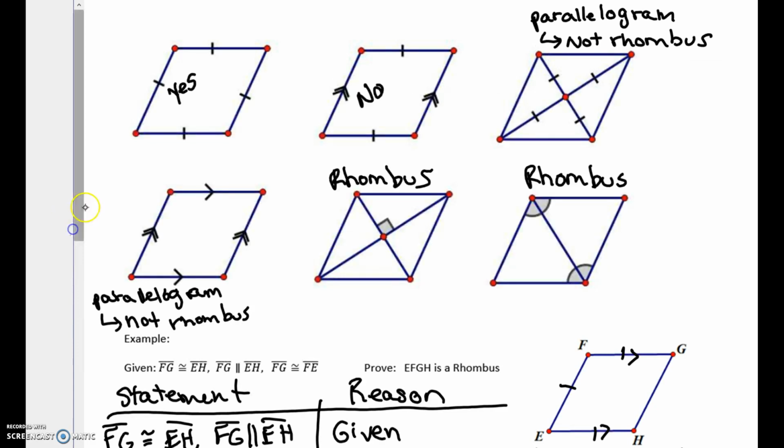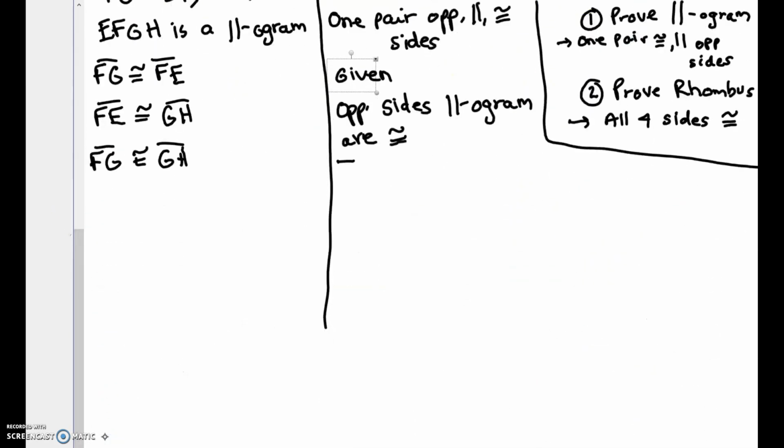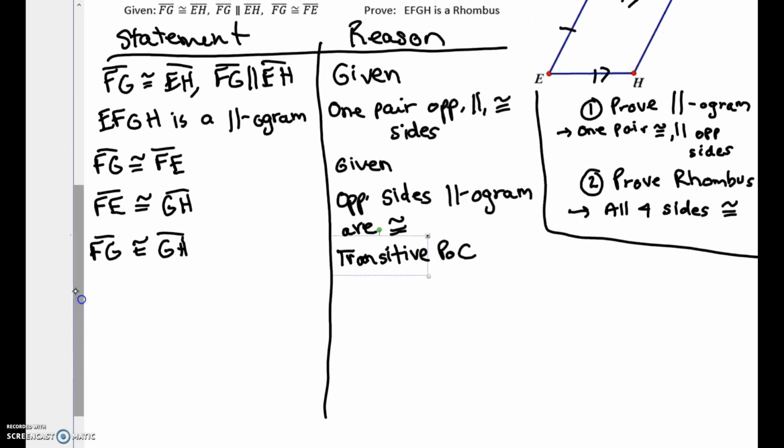Let's try this again, shall we? FG must be congruent to GH by transitive property. Well, I'm now going to take a little bit of a cheat.